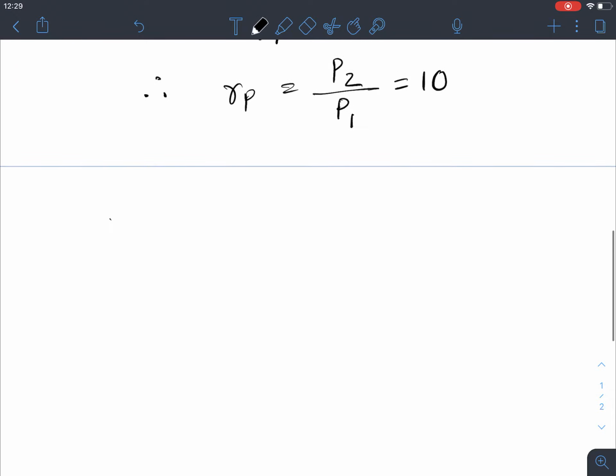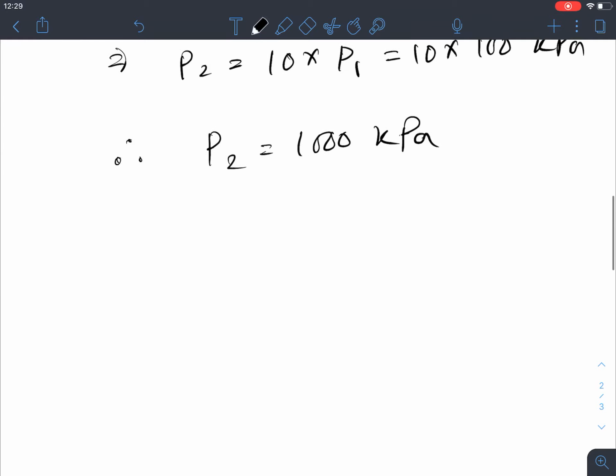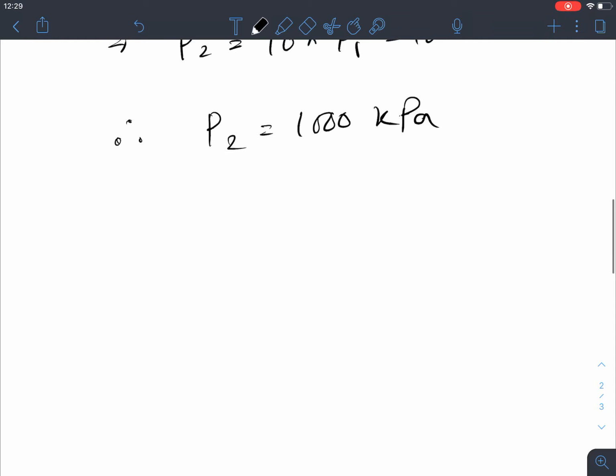So from this relationship we can write P2 equals 10 times P1, in Pascal. So that's our P2.